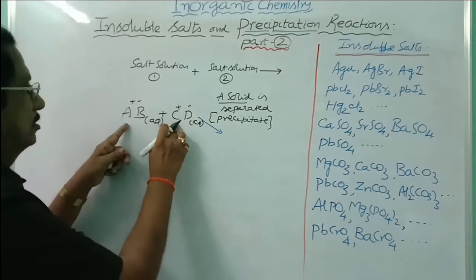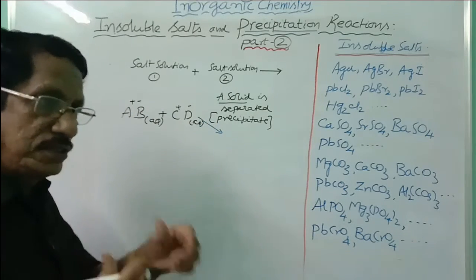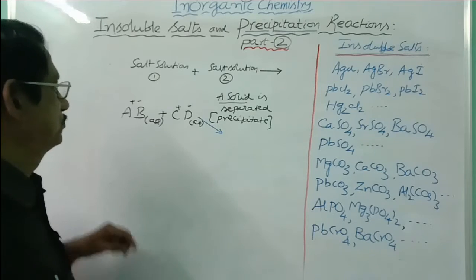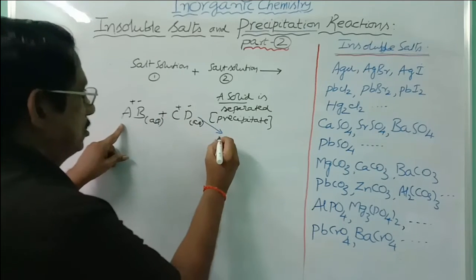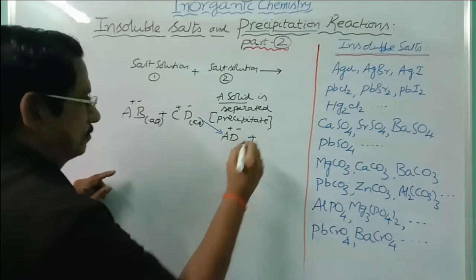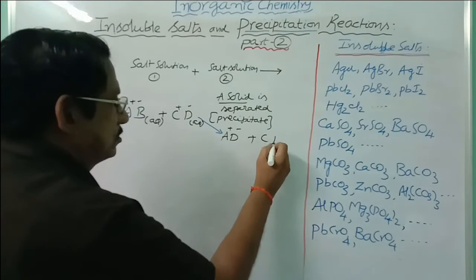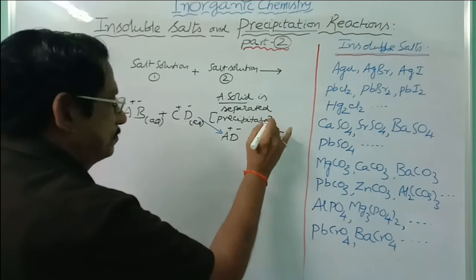These two cations will be exchanging their anions. In that way the reaction pattern is going on. A takes D, it is converted into AD, A plus D minus. C takes B minus, it is converted into CB, C plus B minus.